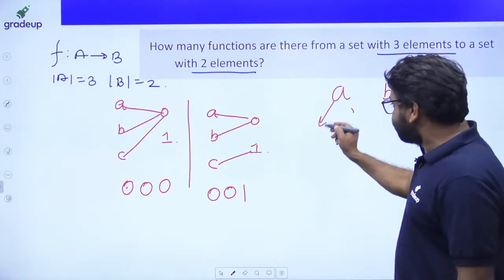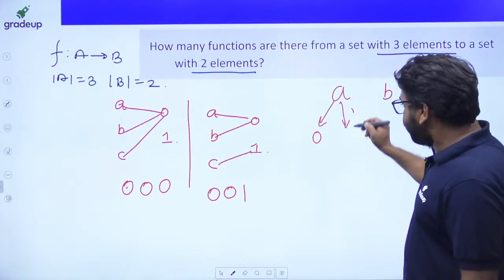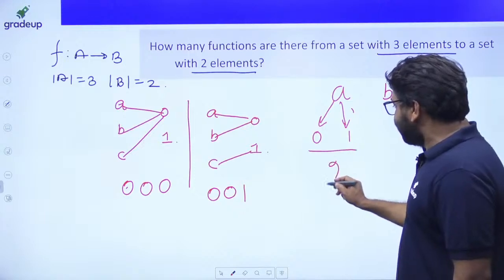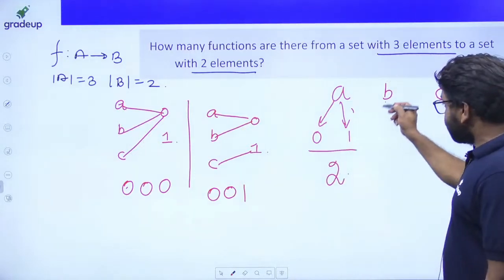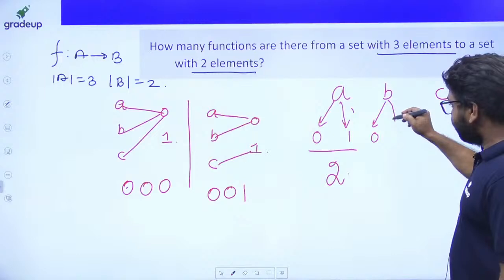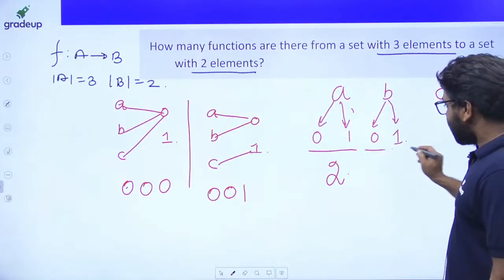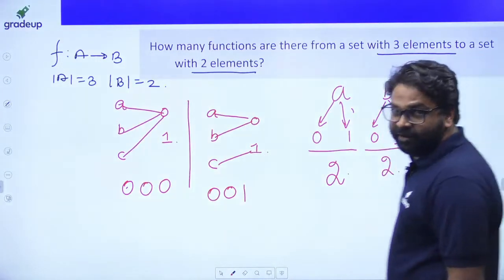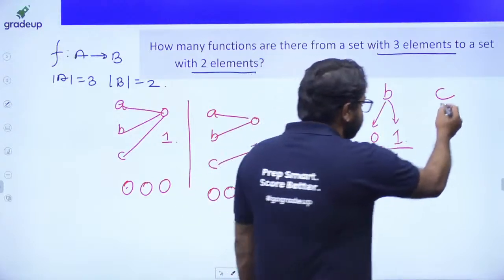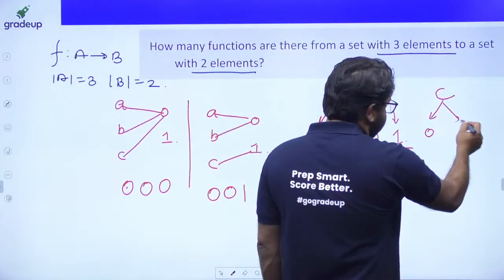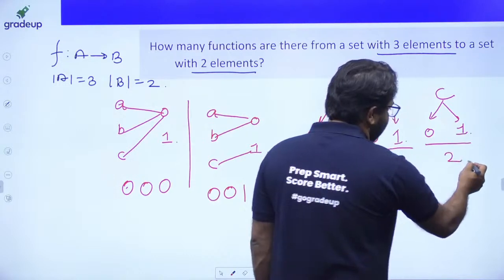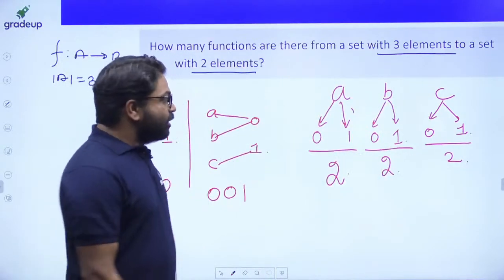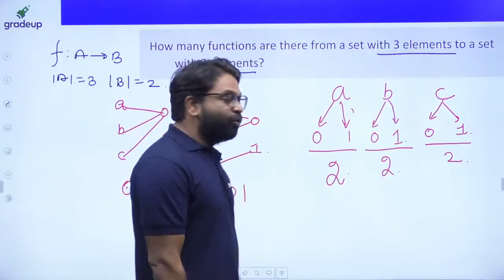B also has 2 possibilities, either it can point to 0 or to 1. In the same way, C can also point to 0 or to 1, so it will have 2 possibilities. So there is a multiplication that you have to understand.